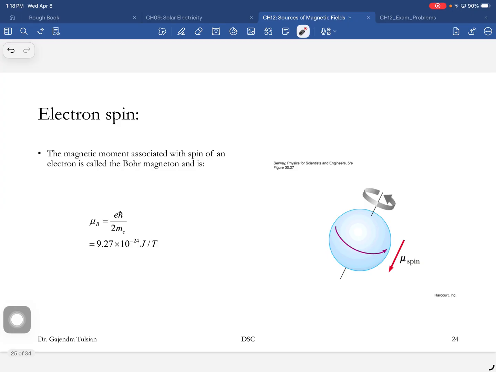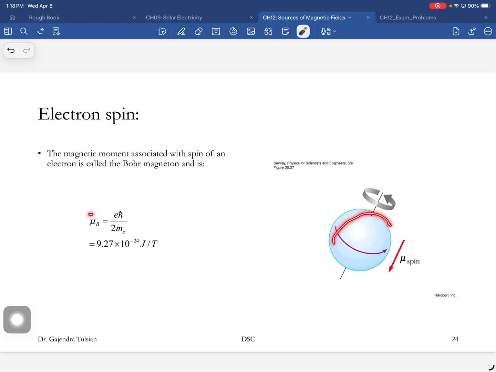Okay. But there is one effect that doesn't cancel. Any moving charge produces a magnetic field. So an electron can go around in circles, and that effect is canceled, but each electron is spinning as well. So the spin produces a magnetic moment. Here's an electron spinning, and the magnetic moment is in the opposite direction because it's a negatively charged particle.